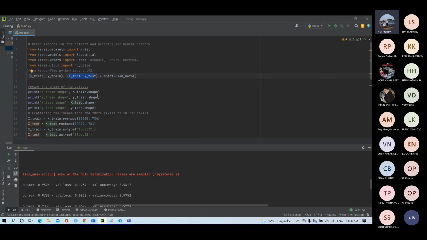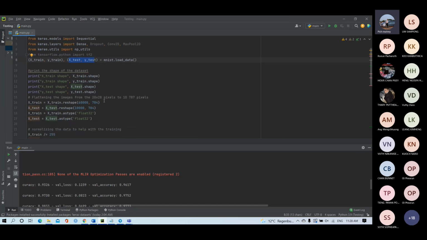This one is just to print data. After that, we flatten the data into one-dimensional data. We have 60,000 data and 10,000 data converted to one-dimensional data, so that one image contains this number of pixels.